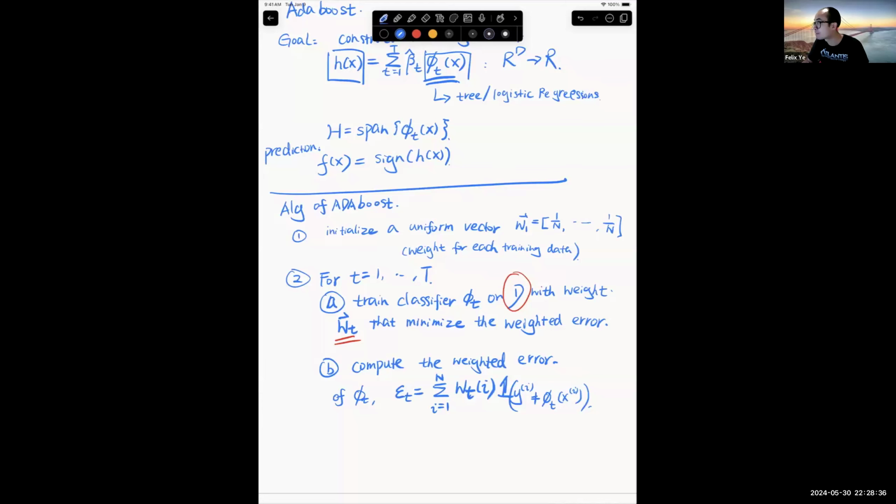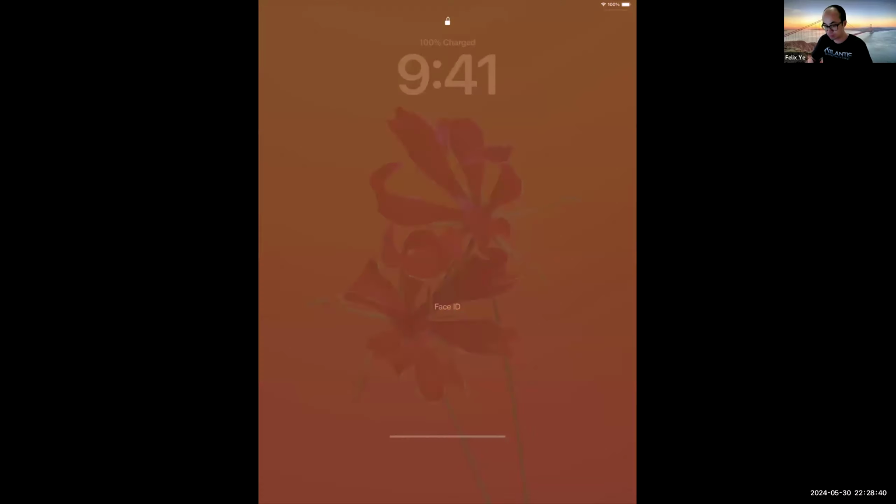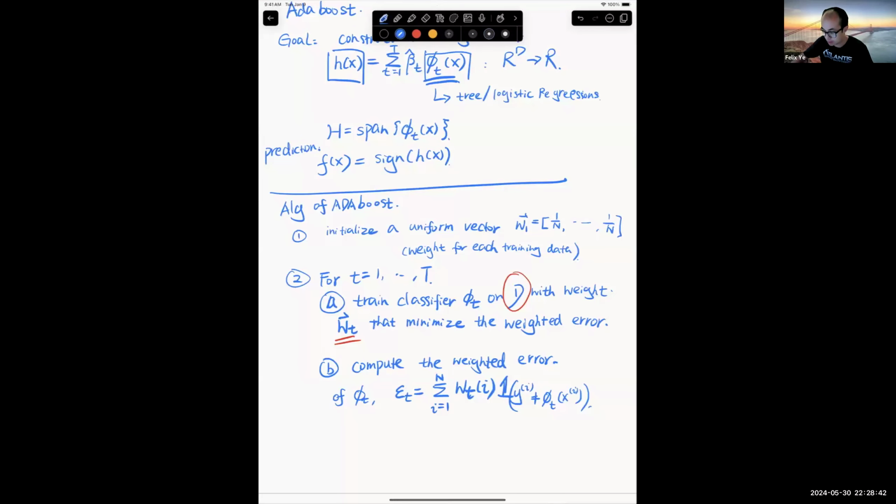Then what we do is check this. If epsilon t is bigger than half, then we stop early. That means we are not improving.